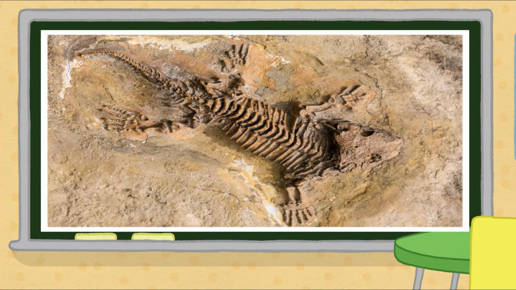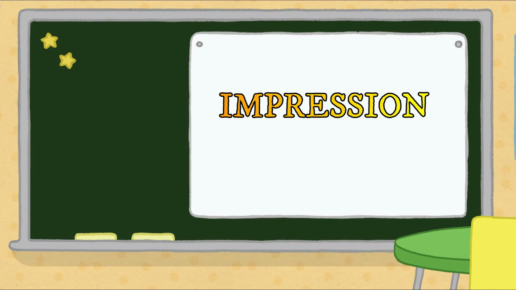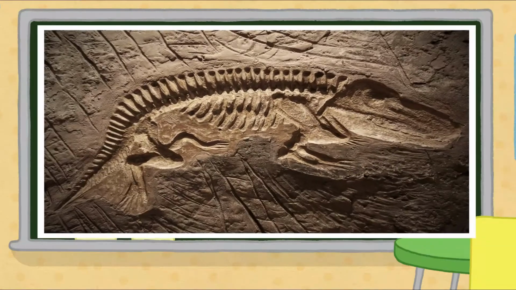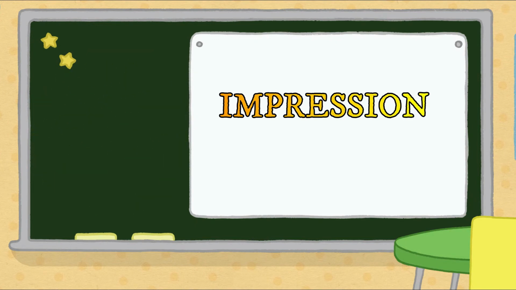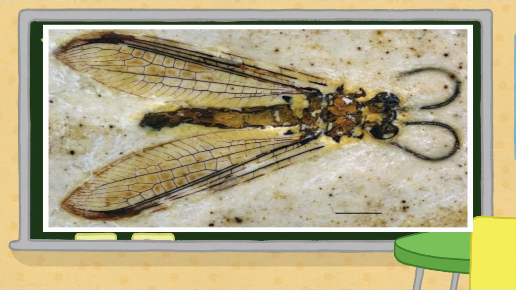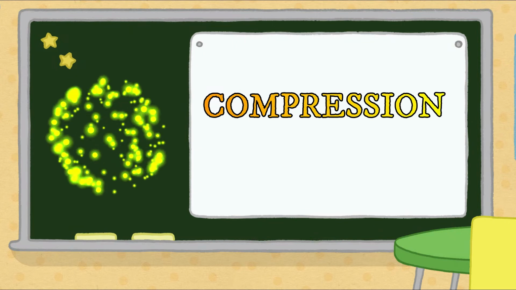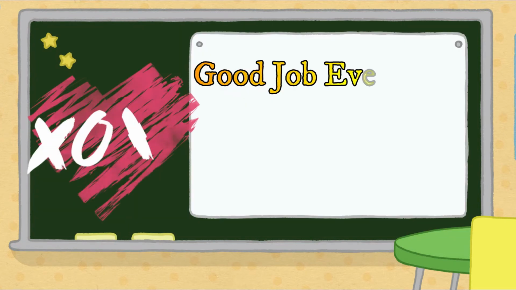The correct answer is impression. The third picture. Alright, the correct answer is impression. And the last picture that we have. And the correct answer is compression. Good job, everyone. Keep it up.